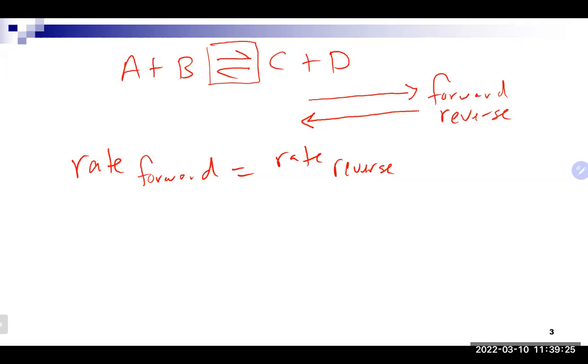So when it reaches equilibrium, it pretty much locks everybody into place in terms of their concentrations and their pressures.